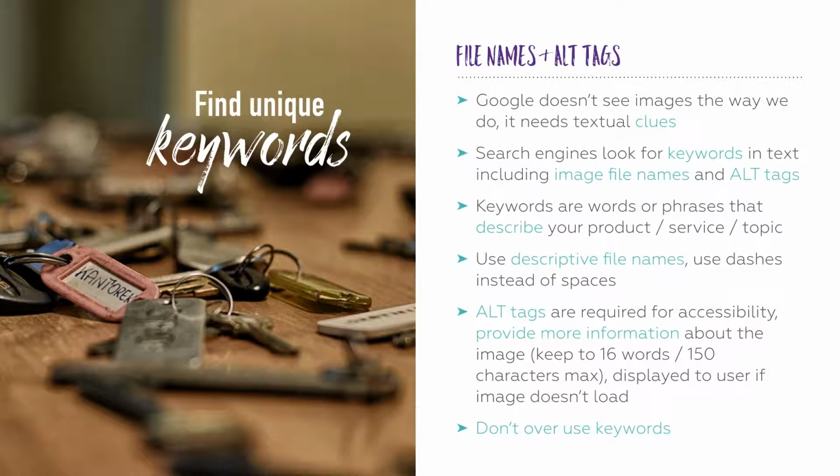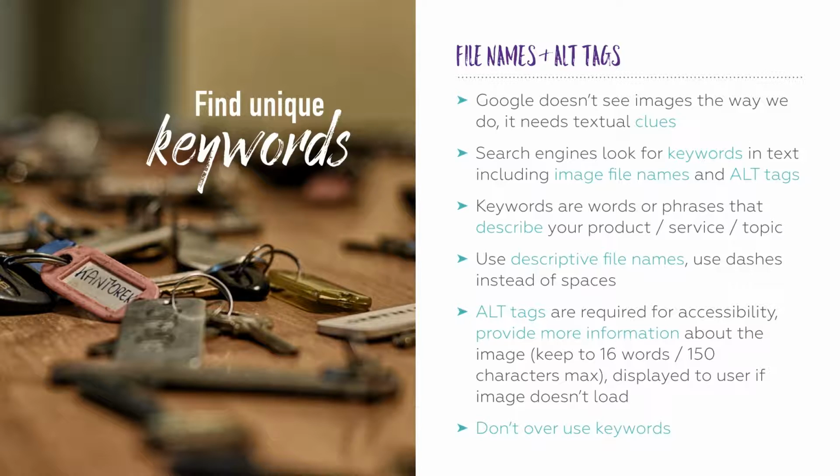Now, how do you come up with these keywords? Obviously, they're really important. If you want people to find your product and your service online, they need to be able to use the right words to find you, or rather, you need to use the right words to find your audience or get in front of them. There's a couple ways you can do it. The first place you should start is just brainstorming a list of words to describe your product or your service or even your topic.